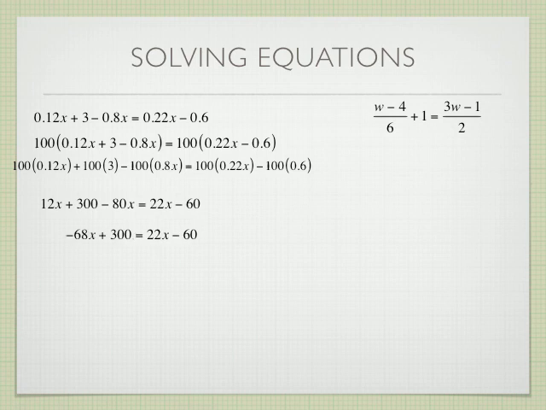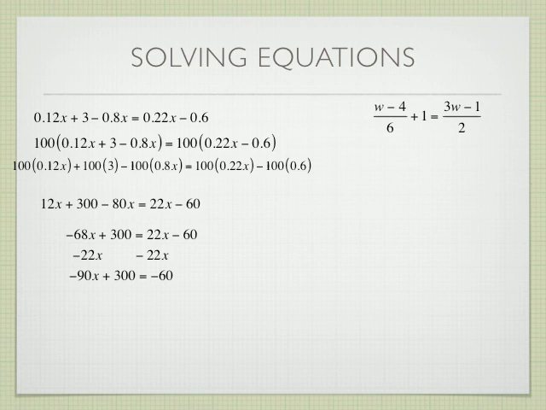Now I can combine my like terms, so I have negative 68x on the left-hand side plus 300 equals 22x minus 60. So I have cleared my decimals, I've combined like terms. Now I want variables on one side, and then I'll get constants on the other. So I'll subtract 22x from both sides, so I have minus 90x plus 300 equals minus 60.